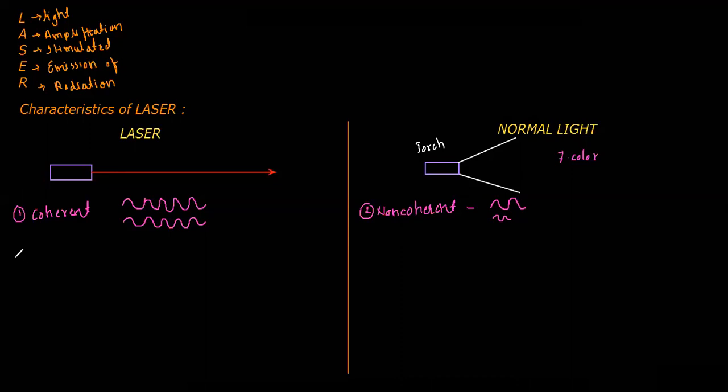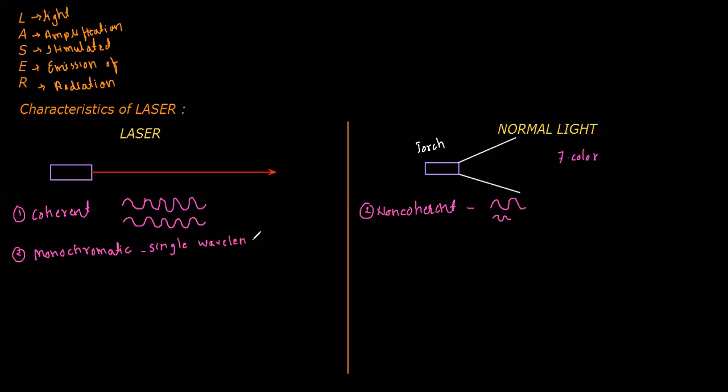Now the second difference is that the laser is monochromatic. Monochromatic means it contains only a single wavelength, a single color.